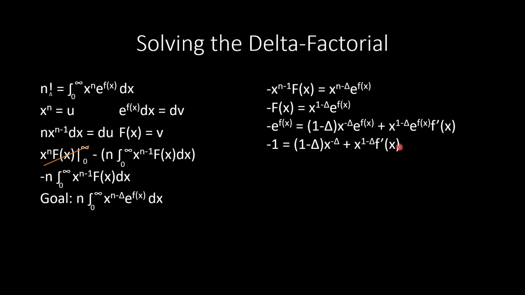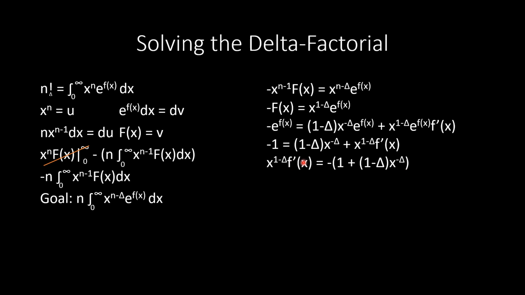Moving this f prime of x over to the left side and everything else over to the right, just keeping everything organized, we have x to the 1 minus delta f prime of x equaling negative times this whole value of 1 plus 1 minus delta x to the minus delta.